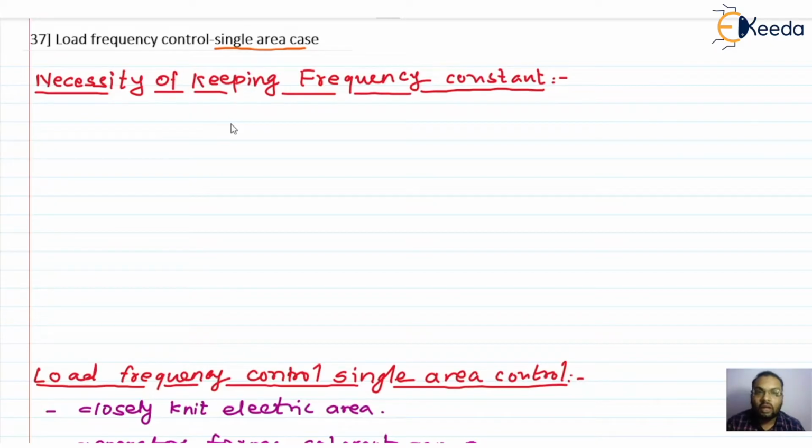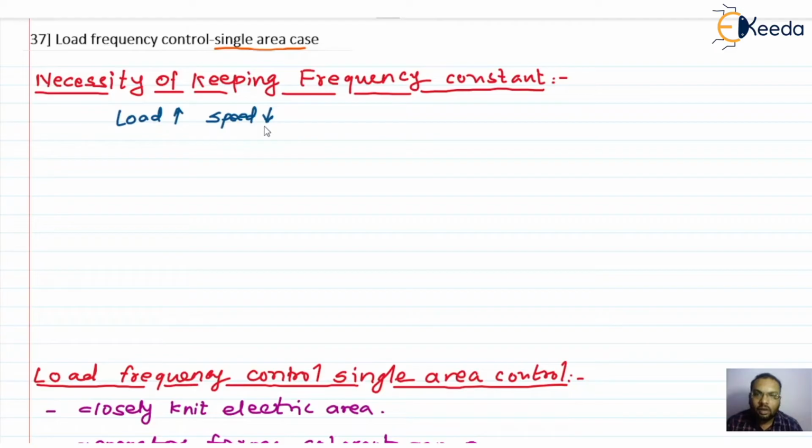When the load on the alternator changes, the speed of the alternator varies. If the load increases, speed decreases, and due to that decrease in speed, frequency decreases. You can experience this whenever you have some drive, let that be an electrical drive or a mechanical drive.